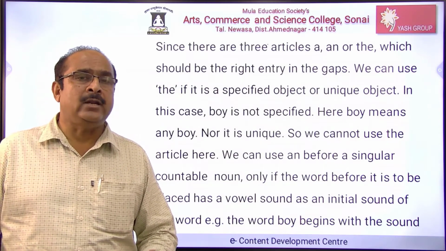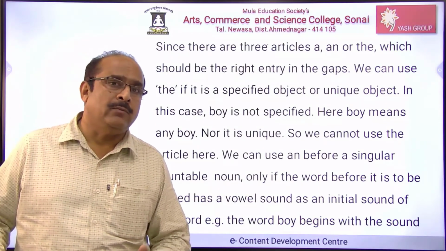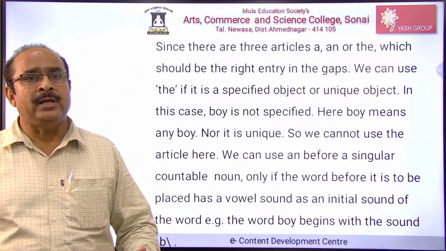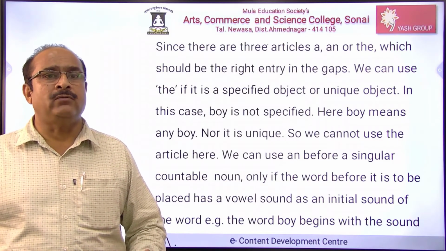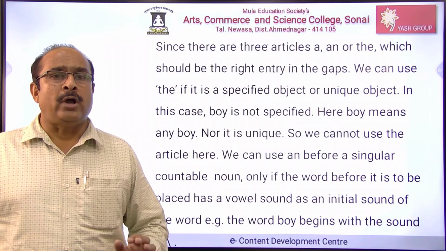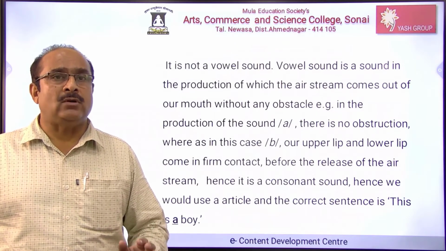We can use an instead of a before a singular countable noun only if the word placed after it has a vowel sound as the initial sound. The word boy does not begin with a vowel sound.